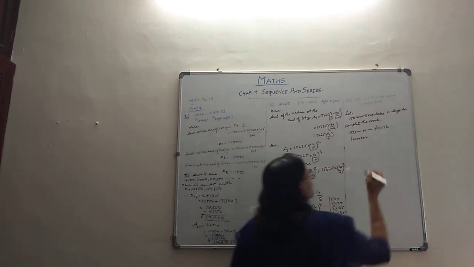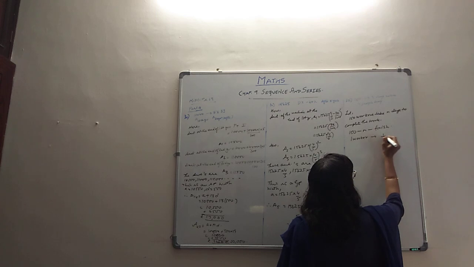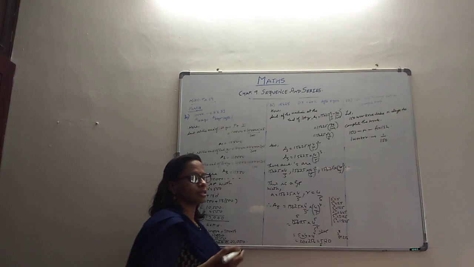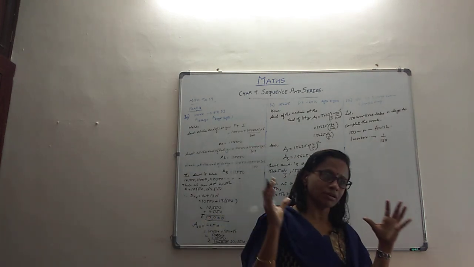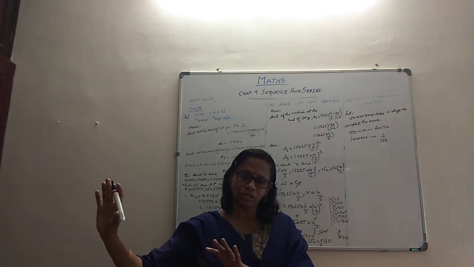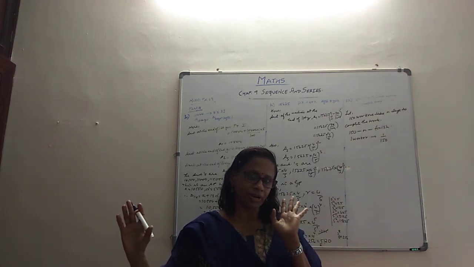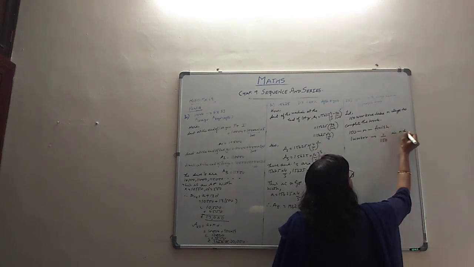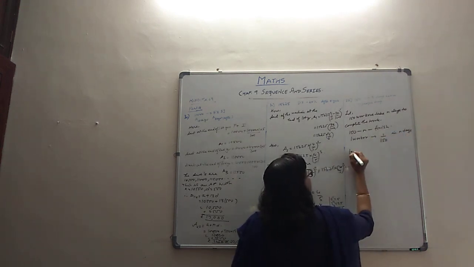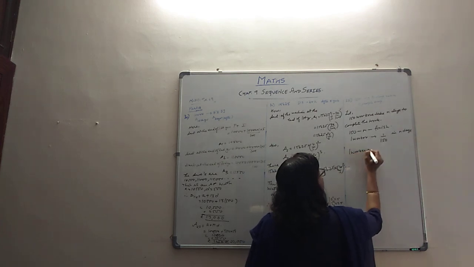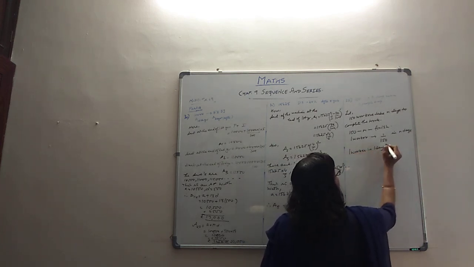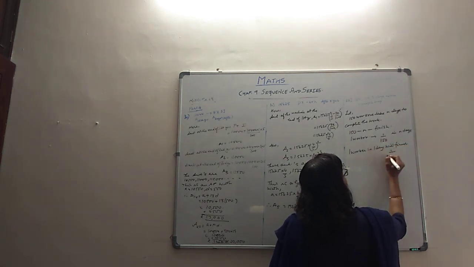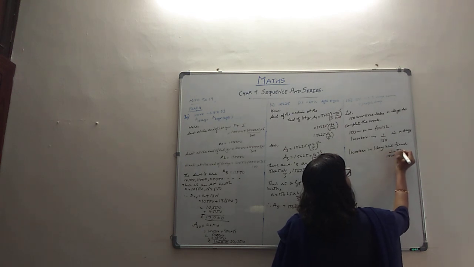In n days, one worker will finish 1 by 150th of the work, because 150 workers in n days are completing that much. Now if he has only 1 day, one worker in 1 day will finish only 1 by 150th of the work.